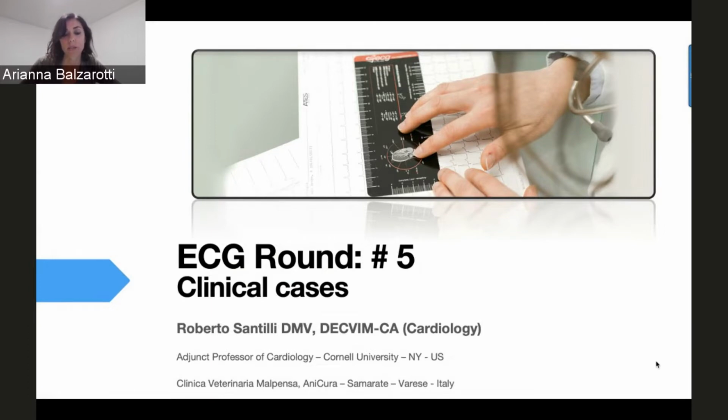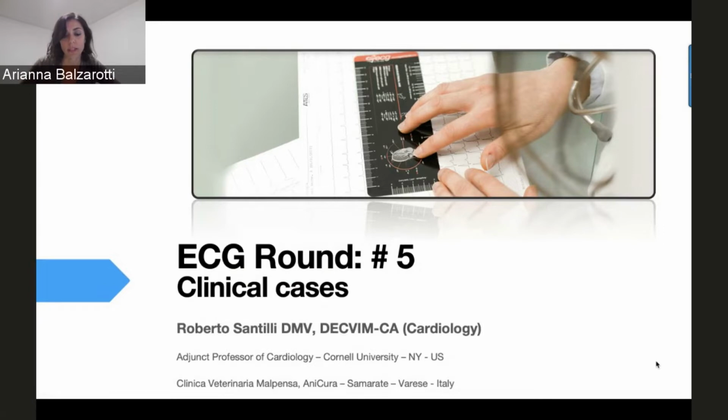He then obtained a PhD at the University of Turin in 2010.